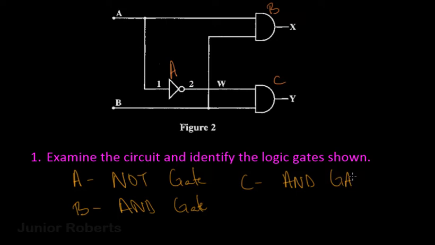So these are our three gates listed in the circuit: a NOT gate, an AND gate, and another AND gate.